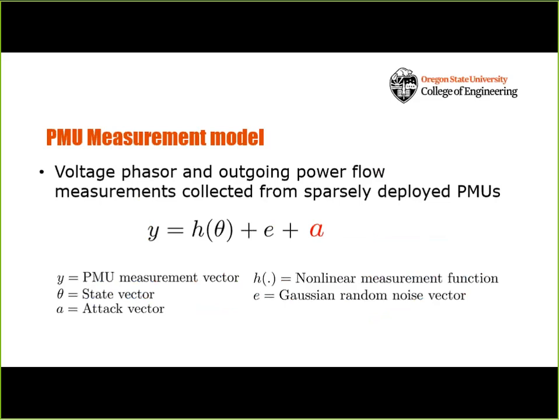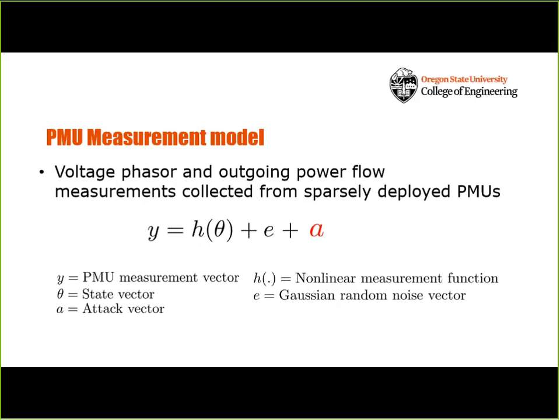So y here is the PMU measurement vector. Every entry in the PMU measurement vector corresponds to one measurement collected from the PMUs deployed in the network. The state vector corresponds to voltage phasor information of the power grid. And h here is the nonlinear measurement function that relates the state vector to the PMU measurements.